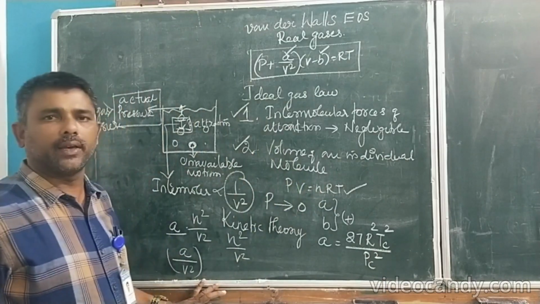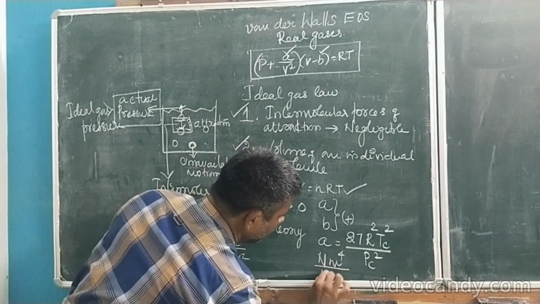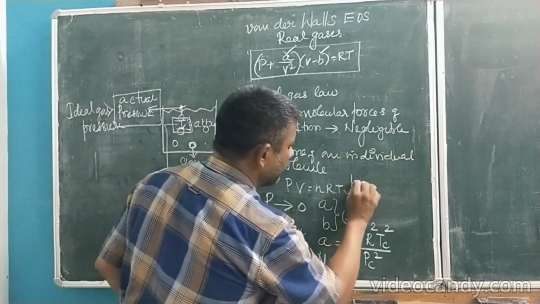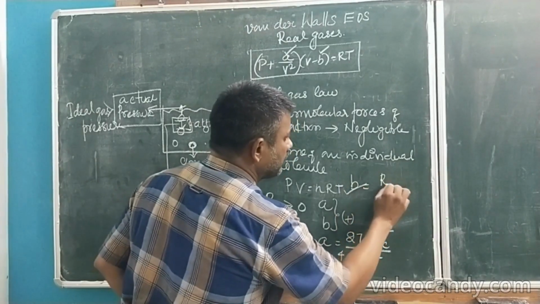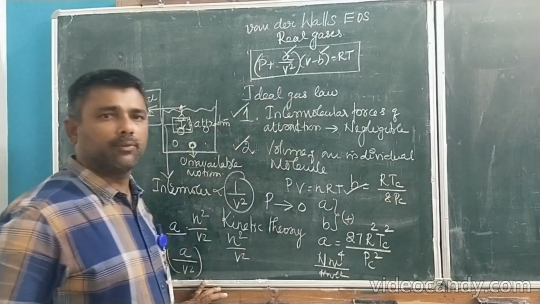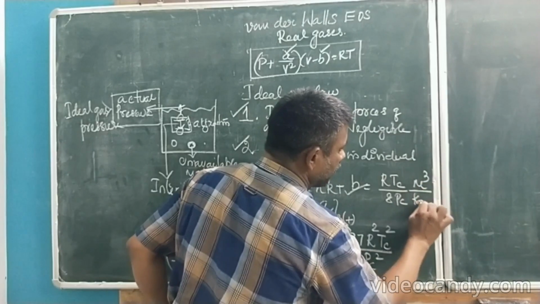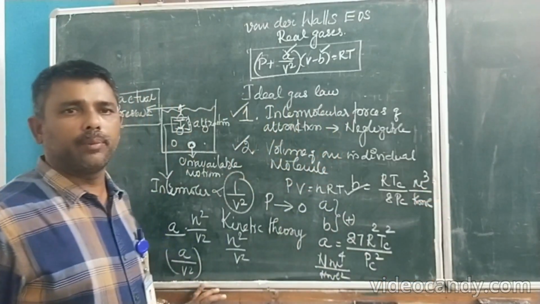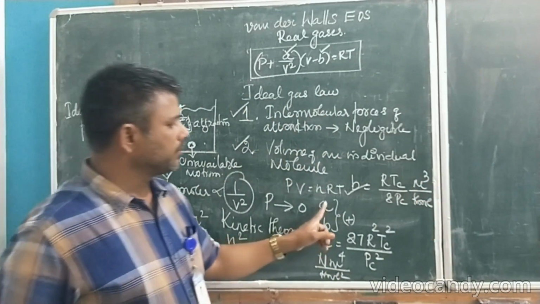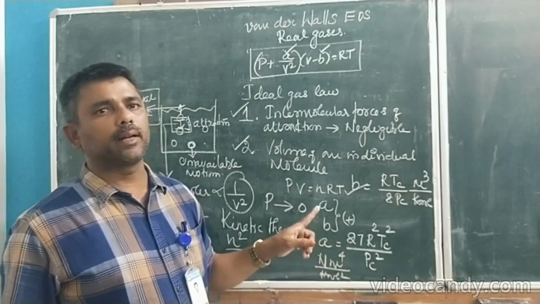The unit of a is N·m⁴/kmol². The equation for b is b = RTc/(8Pc). The unit of b is m³/kmol. a and b are van der Waals constants, always positive values. The equations for a and b are given here, obtained from the concept of critical properties.